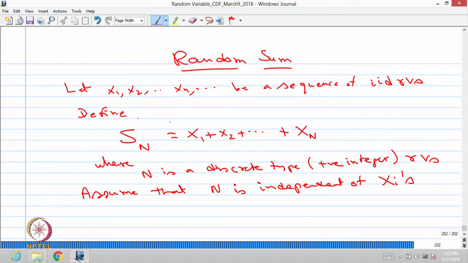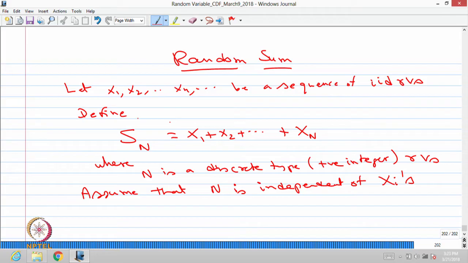The way we create the sum of random variables, all those random variables are mutually independent and identically distributed, and how many random variables I am going to add, that is also random. That is a positive integer valued discrete type random variable which is independent of the xi's.